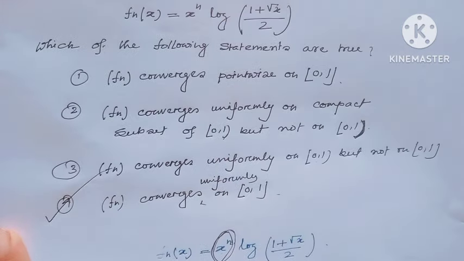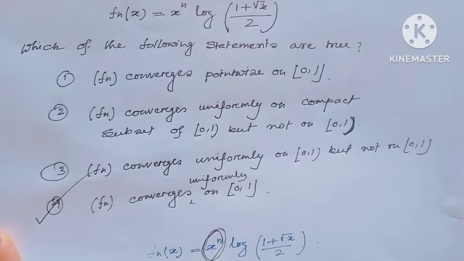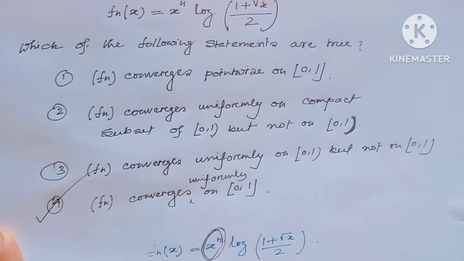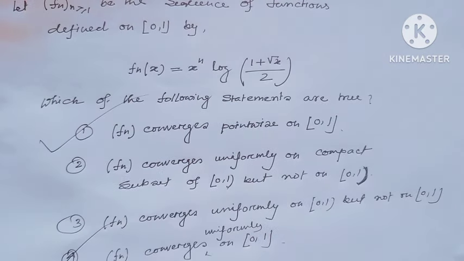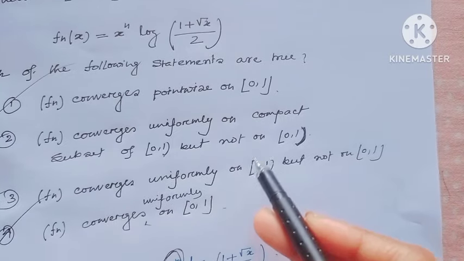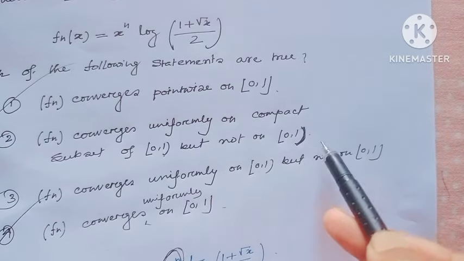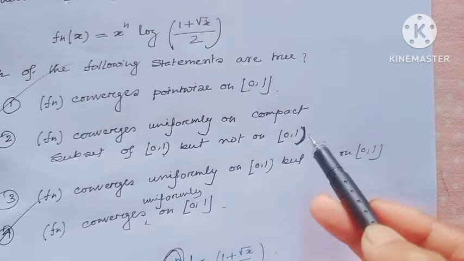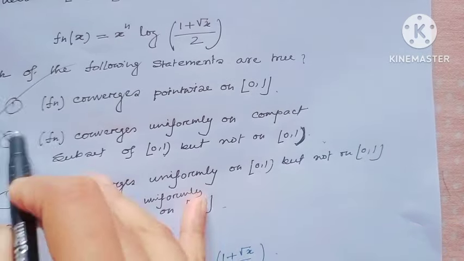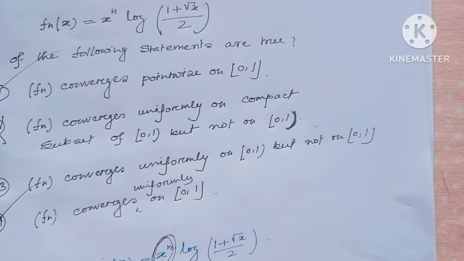That means option 4 is actually the right option. Fn converges uniformly on the closed interval [0, 1], so obviously fn converges pointwise. In the question, the second option says not uniform on the closed interval [0, 1]. For this, option 2 is wrong.